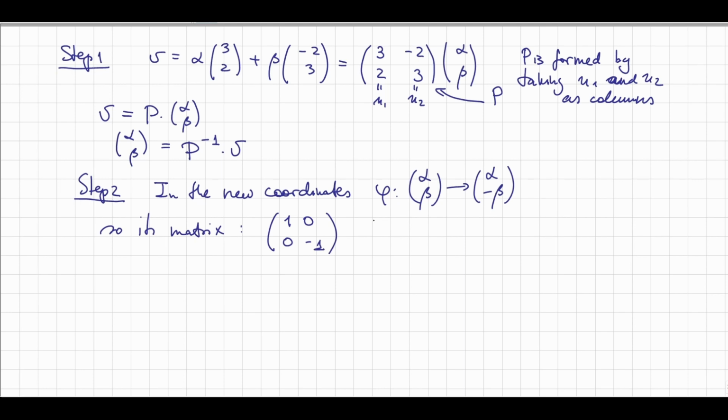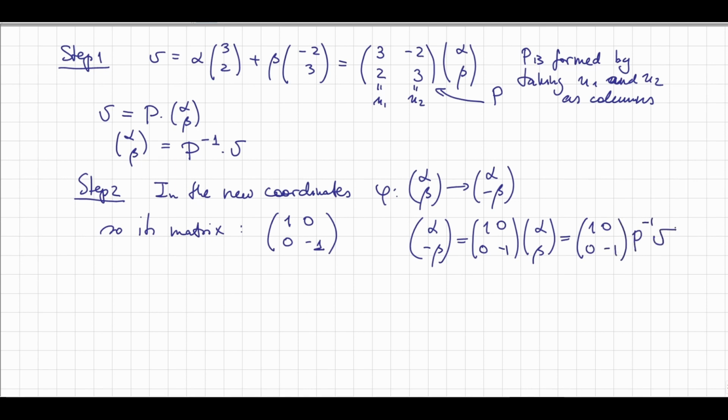Right? So combining this with the previous step, we see that the vector alpha minus beta is this matrix 1, 0, 0, minus 1 times alpha beta, which of course is just 1, 0, 0, minus 1, and alpha beta was P minus 1 V.